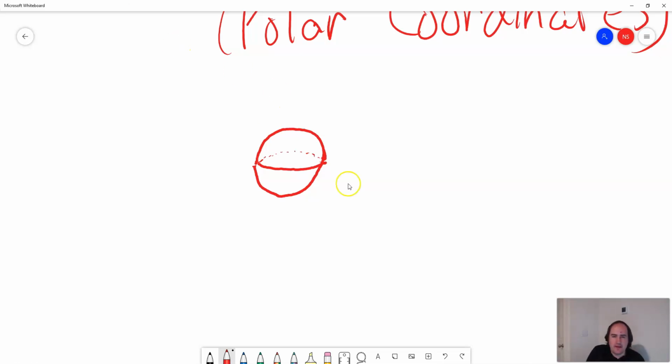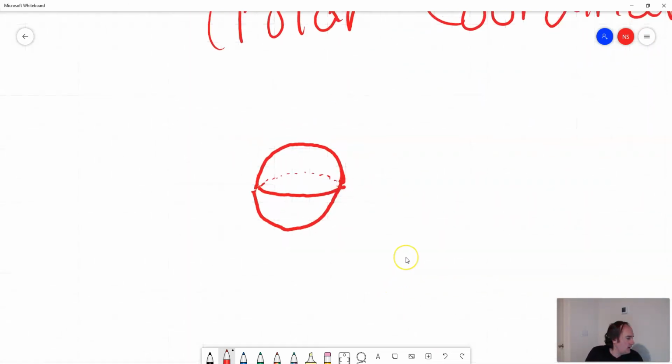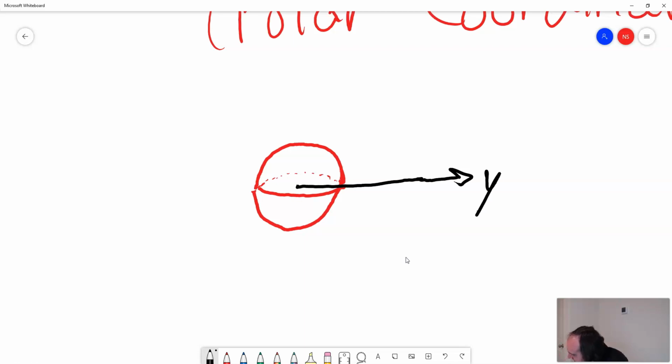So if I zoom in on that, this sphere is supposed to be centered at the origin. Okay, so here we've got, out here is the y-axis. And then coming out at us is the x-axis. So that's probably a bit too steep. So the x-axis is coming out at us.